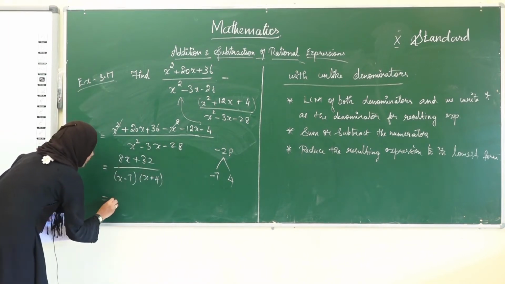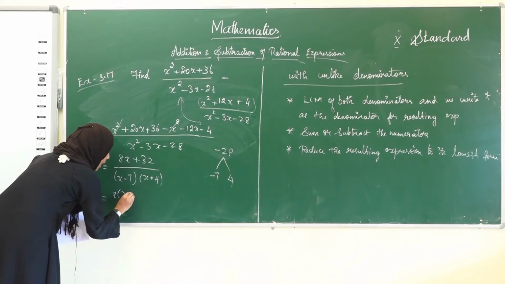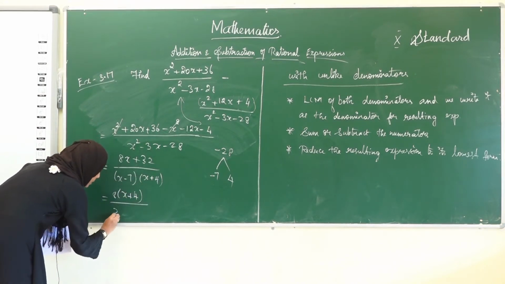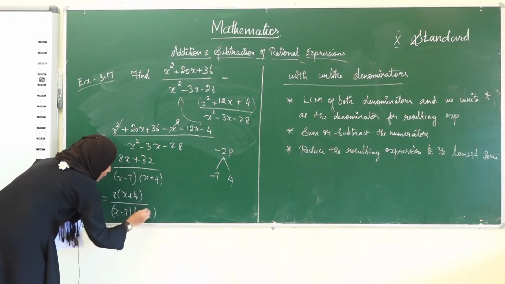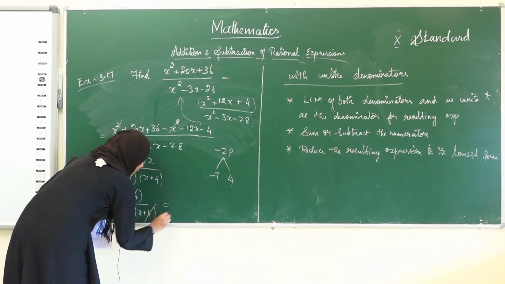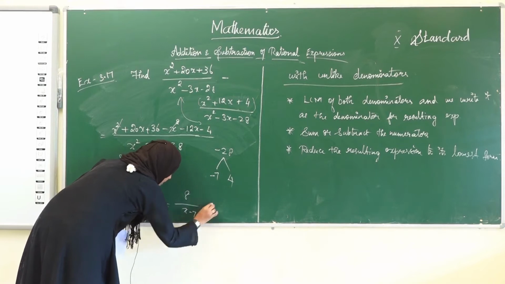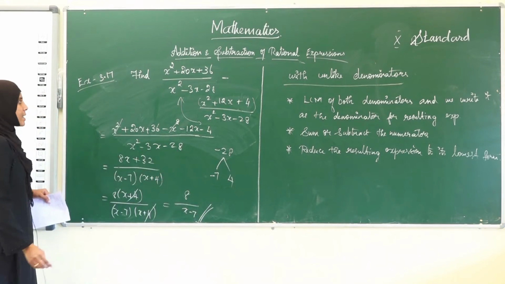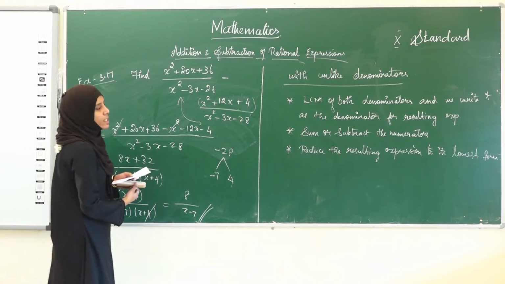In the numerator, we can take 8 as common: 8 into x plus 4 is 8x plus 32. So 8 into x plus 4 divided by x minus 7 into x plus 4. We can cancel the common term, that is, we are reducing it. Then the remaining term is 8 divided by x minus 7, which is the answer of this given rational expression. That is the subtraction of these rational expressions.